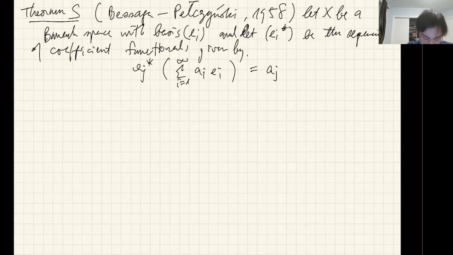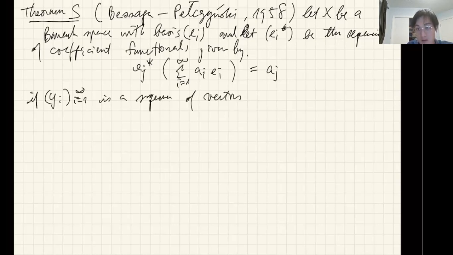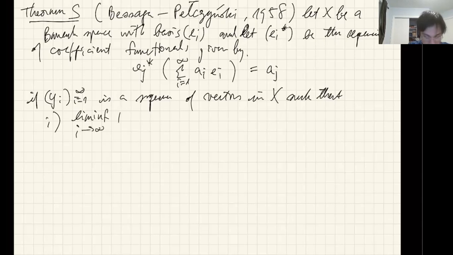Okay. So if y_i, i equals 1 to infinity, is a sequence of vectors in X such that, so we have two conditions. The first is that the limit, I guess we're not saying that y converges to anything, so I guess we should take the limit of i to infinity of the norm of y_i is greater than 0.